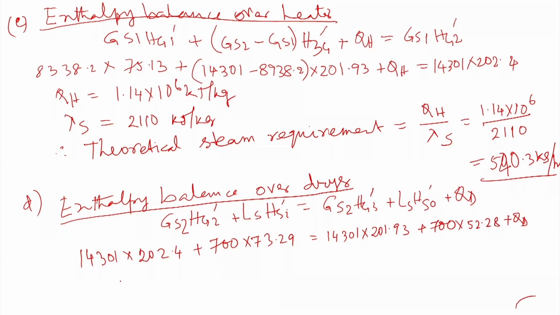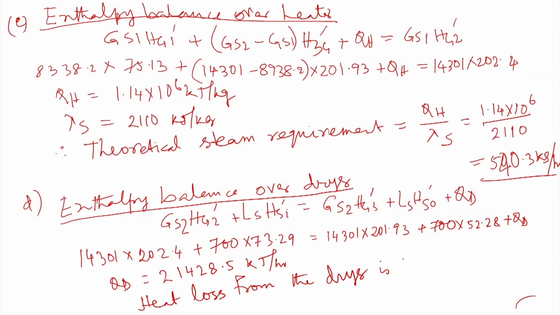So, from here Qd will be equal to 21,428.5 kilojoule per hour. So, the heat loss from the dryer is 21,428.5 kilojoule per hour. That way we can calculate the performance of the continuous dryer.